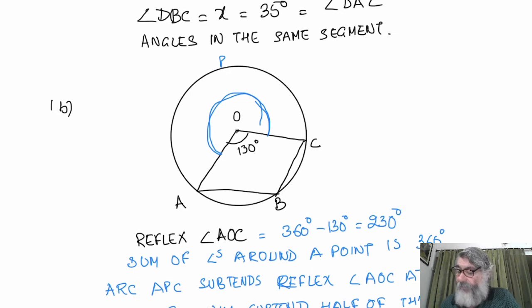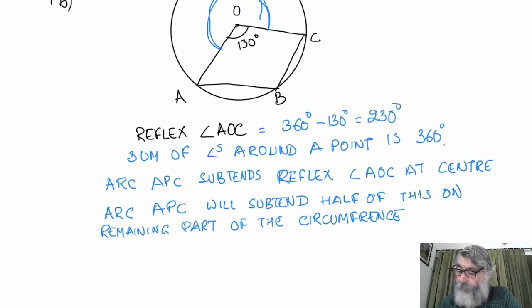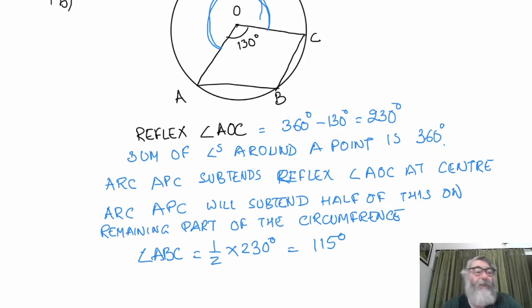So angle ABC will be half of 230 degrees. That will be 115 degrees. We had to calculate angle ABC only.